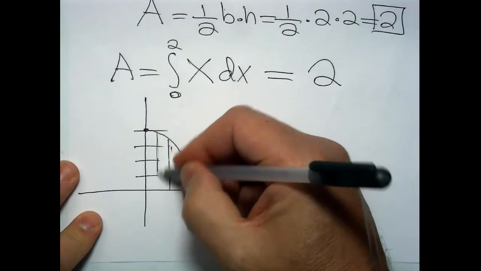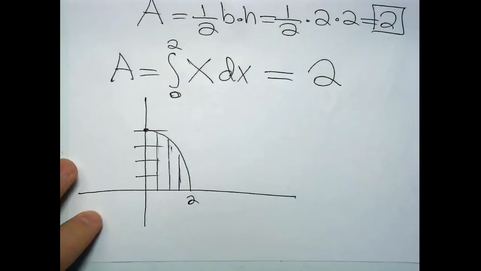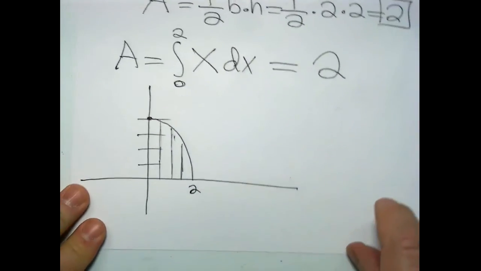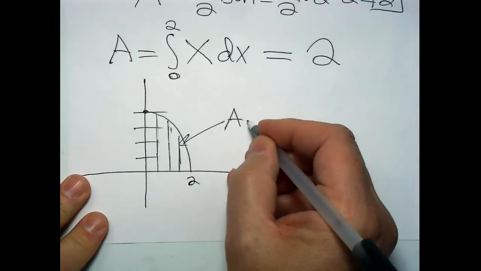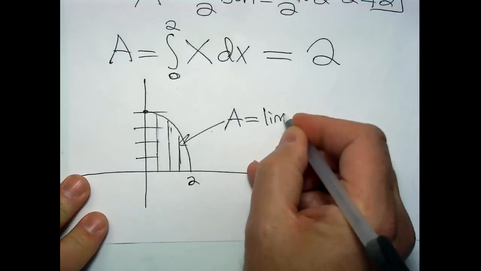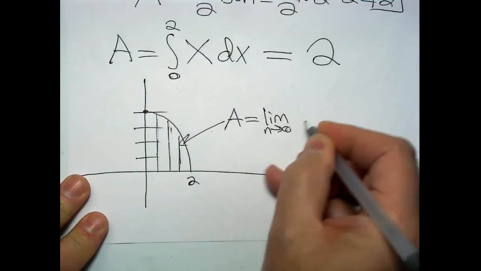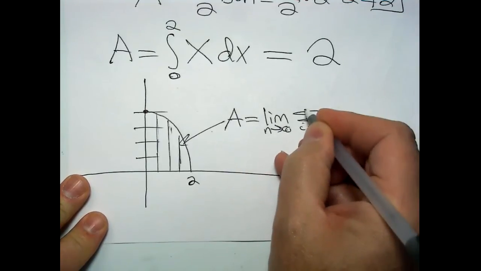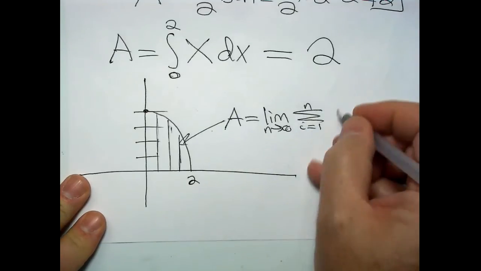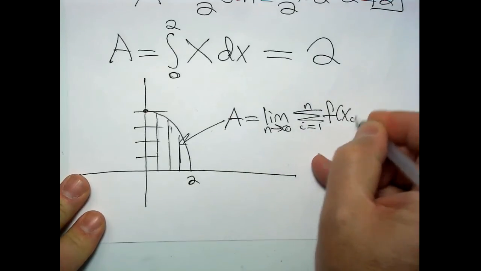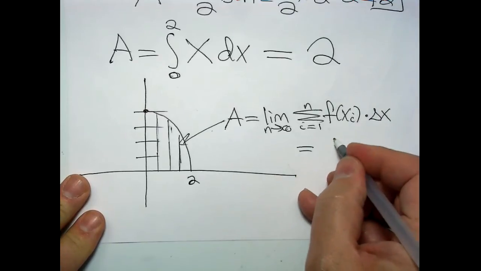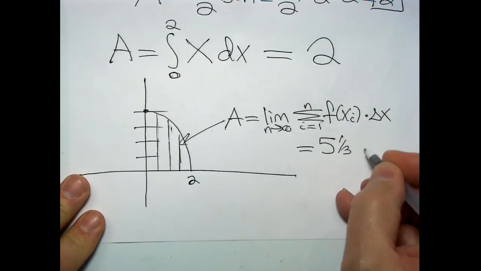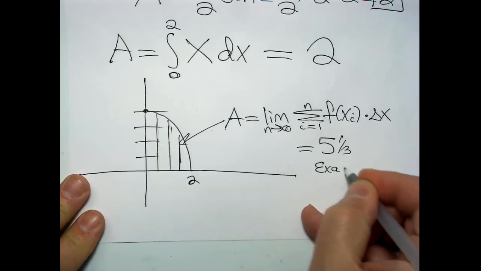You remember, we sliced and diced here, and we ended up getting our area. But we did it using the limit method. N approaching infinity, we sum from i equals 1 to n, the f of x sub i times delta x. And what did we end up getting? 5 1/3 was the exact area.